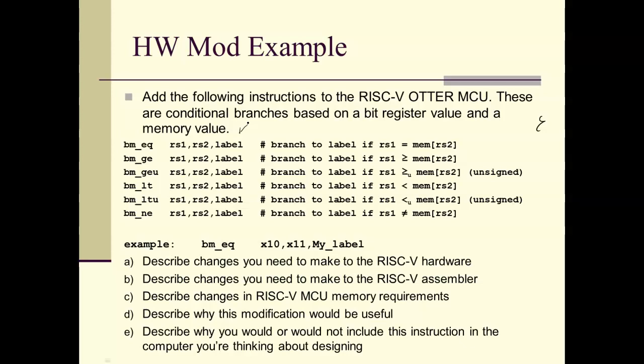What these instructions are doing is they're not branching on register values, they're branching on a register value and, we'll say, a value in memory, and the value in memory that it looks at is going to be given by the RS2. So RS2 is now going to be an address. It's not going to be a direct value. So we're going to use RS2 as an address and not connect it directly to the module.